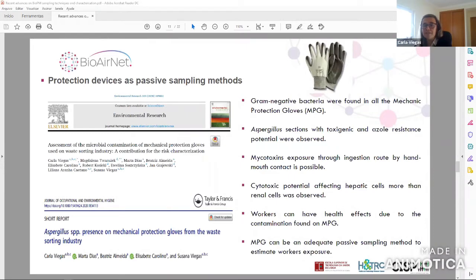We also analyzed the cytotoxic potential of these devices, which could affect hepatic cells more than renal cells. The conclusion was that workers can have health effects due to the contamination found on mechanical protection gloves, and that these protection devices are adequate to be used as a passive sampling method to estimate workers' exposure.